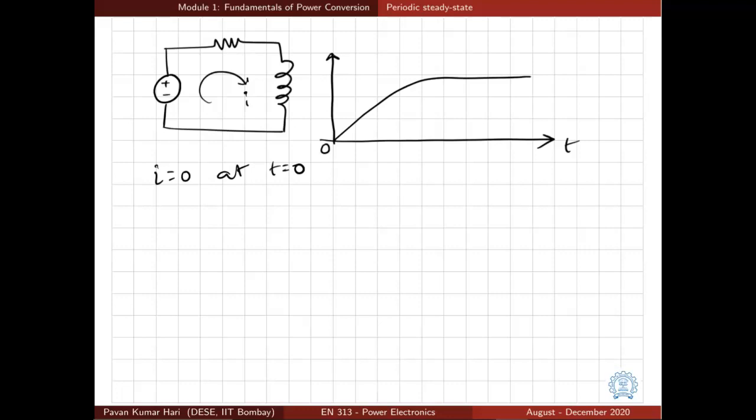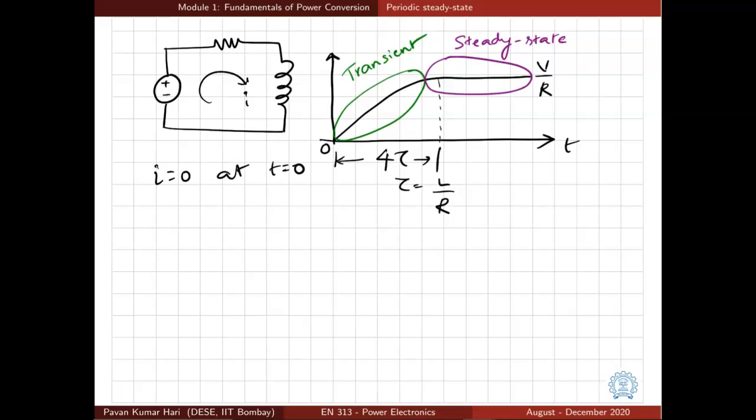And it reaches a value close to V by R within a duration of approximately 4 time constants, 4 tau. And what is tau? Tau is equal to L by R.